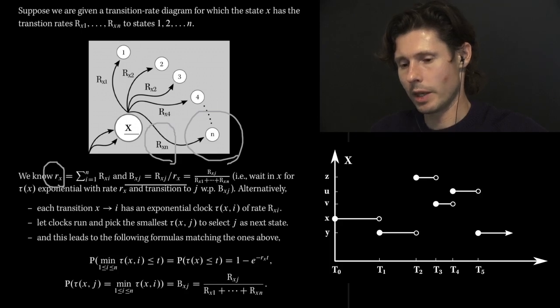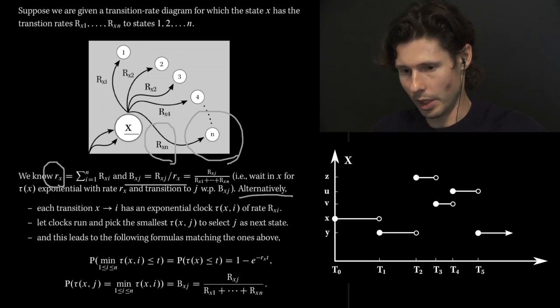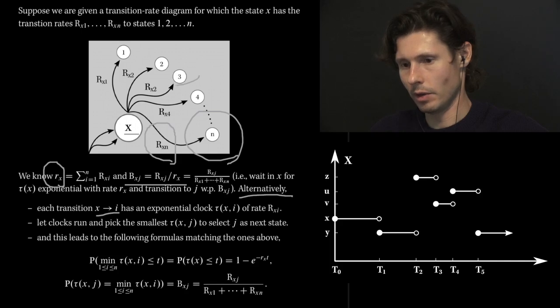Now we can think about an alternative explanation. For each transition from x to i, one of 1 through n, i could be 3, for example, we have an exponential clock, tau xi, of rate prescribed by the generator, the transition rate from x to i.